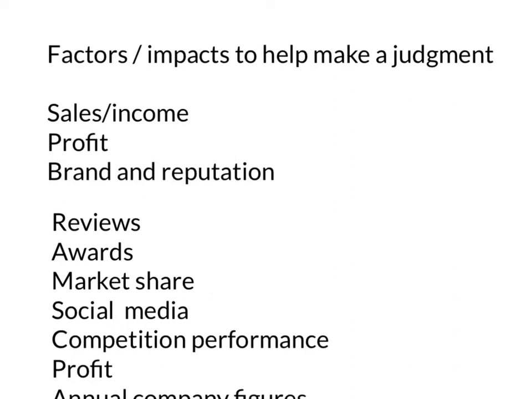In order to make that judgment, we're going to use our three friends again, which are sales income, profit, and brand and reputation. So they were the three categories, headings that we used in order to measure.